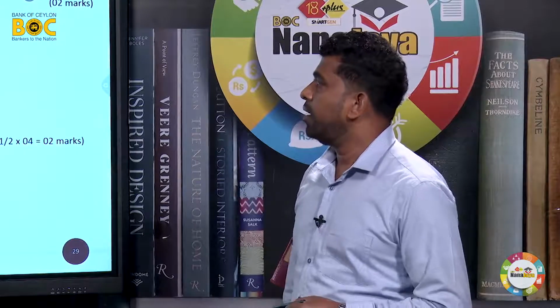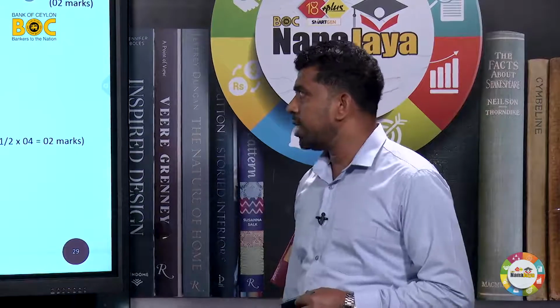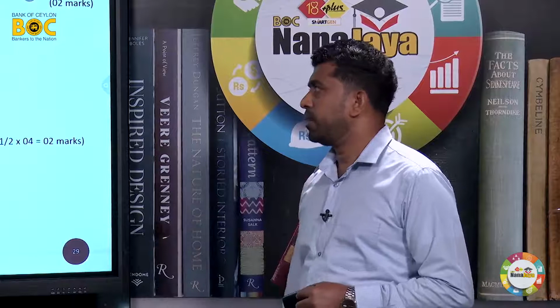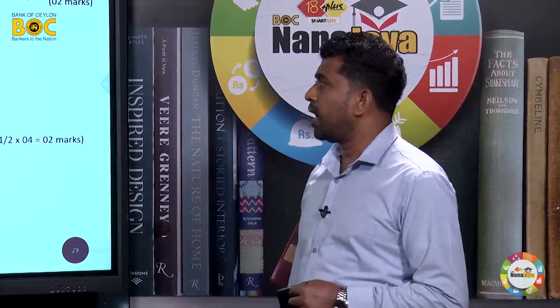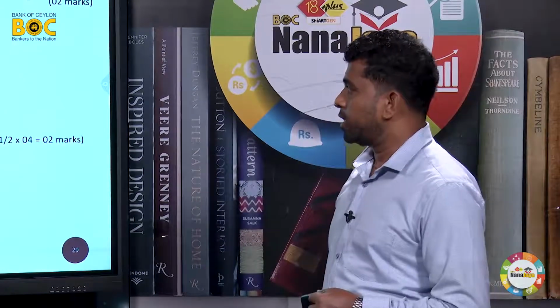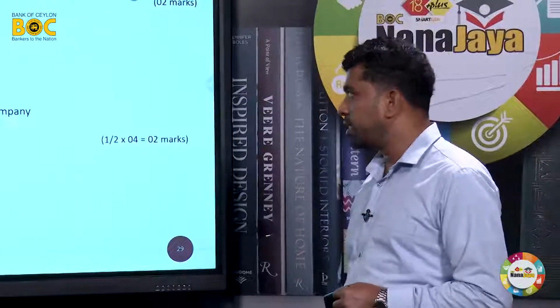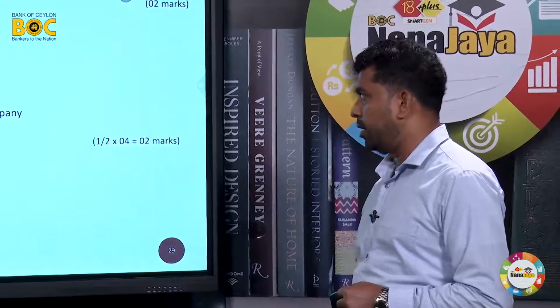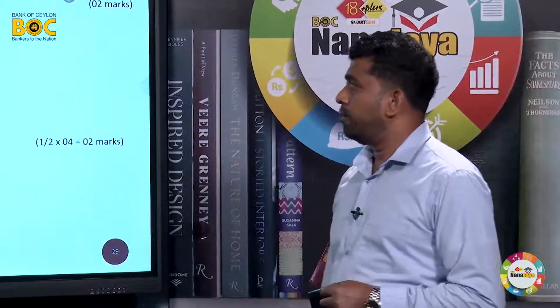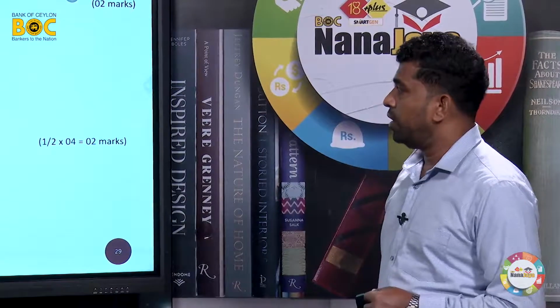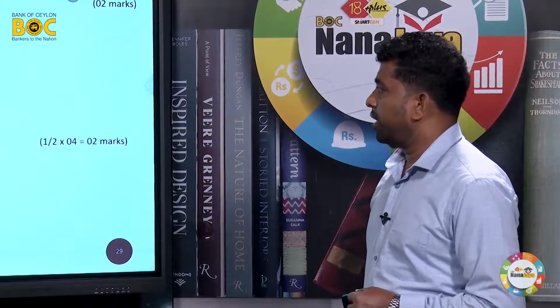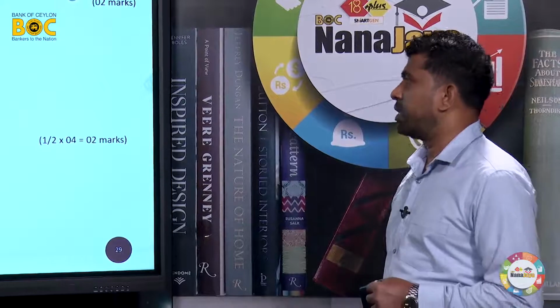Second one, can enter into agreements under the company name. Can pay taxes under the company name. Next one, can appoint agents on behalf of the company name. Last one, can formulate rules affecting internal activities of the company.